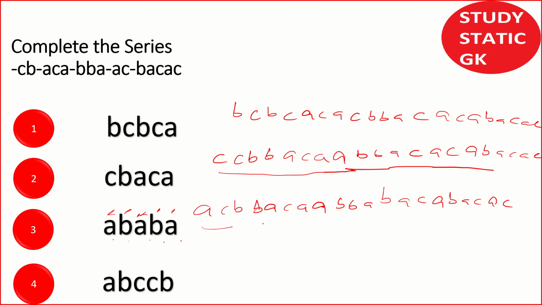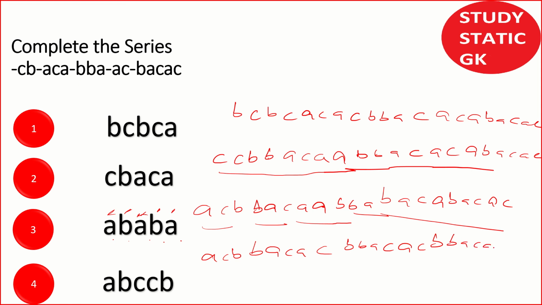Not getting it. So we'll try the last one. ACB, second blank, BACA, third blank C, BBA, fourth blank CAC, fifth blank BBACAC. So ACB BAC, ACB BAC, ACB BAC. So this is the answer.